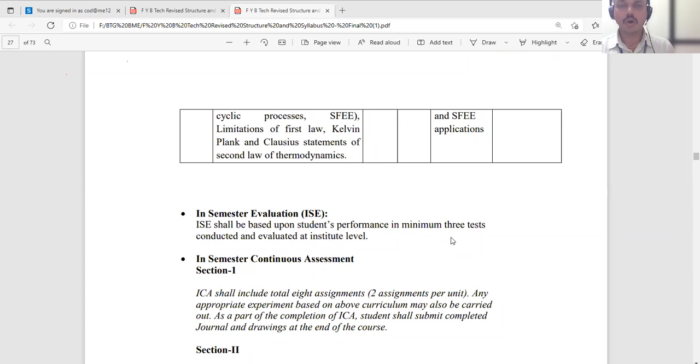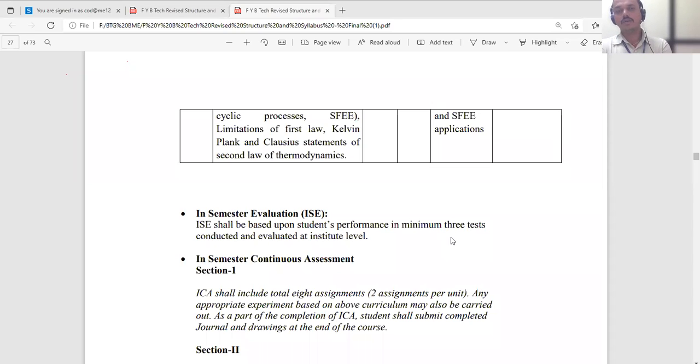Limitations of first law, Kelvin Planck and Clausius statements. Check the spelling on your screen if you have doubt in spelling.